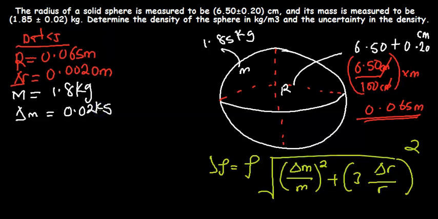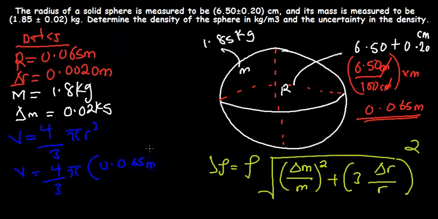So we said the first thing which we need to do at this point is to simply find the volume. And we said that to find the volume is simply going to be 4 divided by 3 pi r cubed. So we can insert our values at this point. Volume is simply going to be 4 divided by 3 pi. What is the radius? The radius is going to be 0.065.